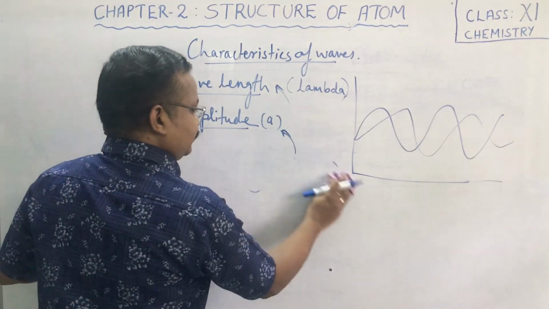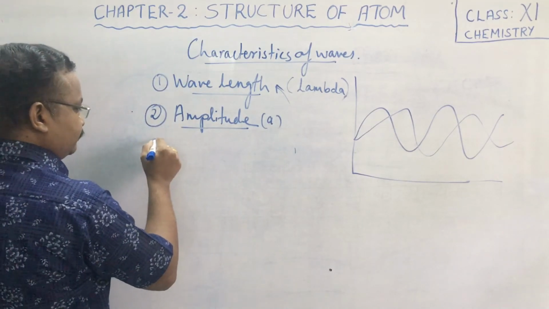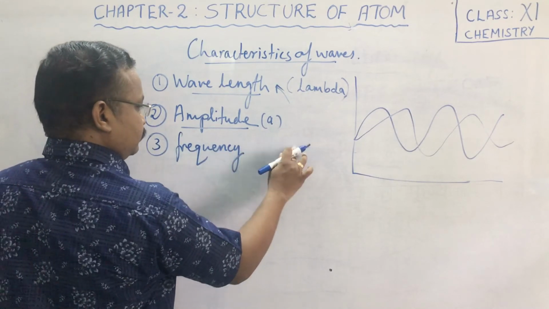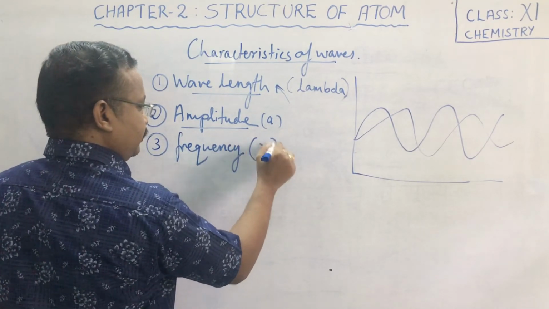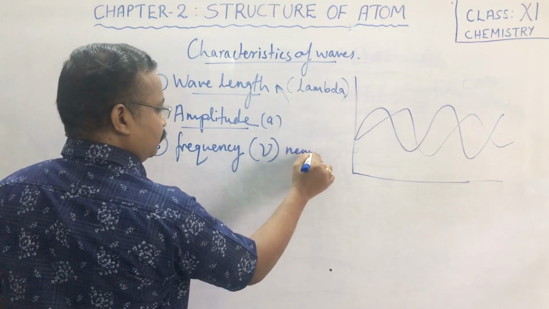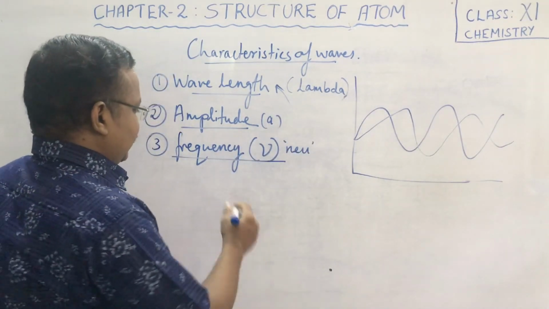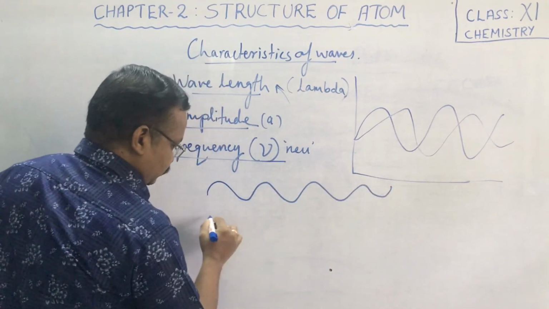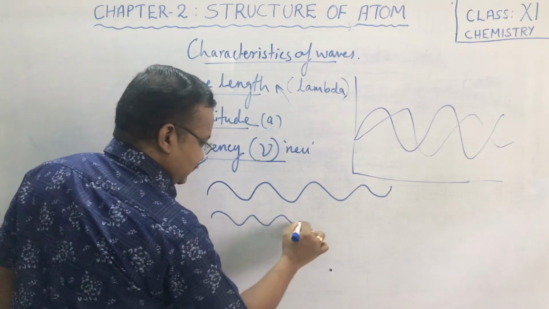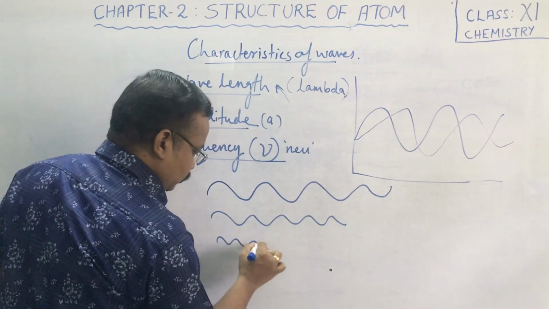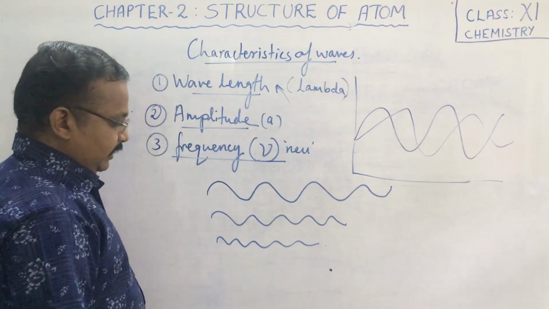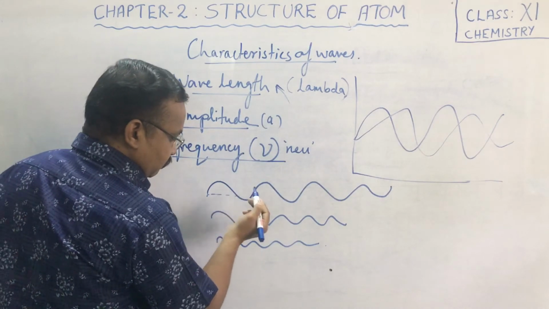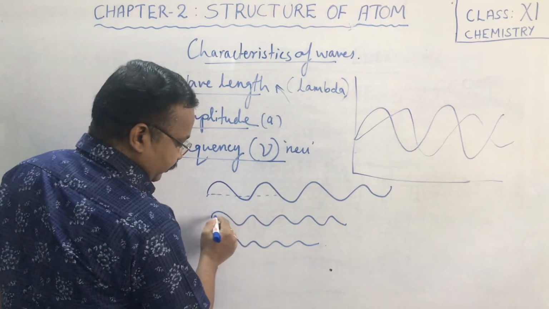Next we have frequency. The third one is frequency, expressed as nu. Students, listen here. If I'm taking some waves like this, you can see the wavelength of this one is more as compared to this one.